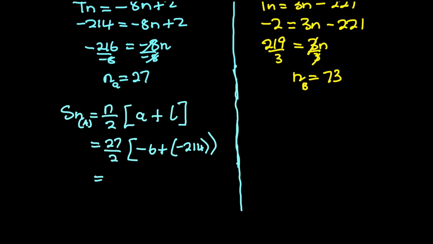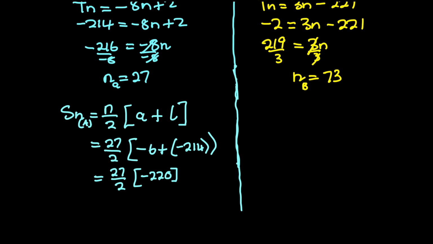As you know, negative 6 minus 214, it's going to give us negative 220. So 27 over 2 times negative 220.